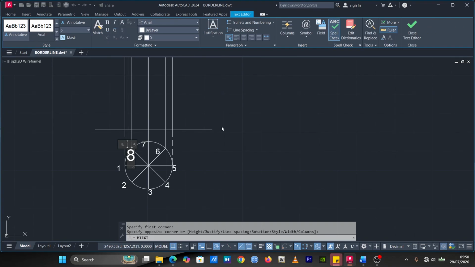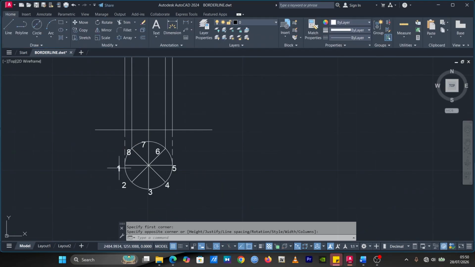And then you put 8 here. Sorry, change it to 3. You put 8 here. So now let's arrange it well.